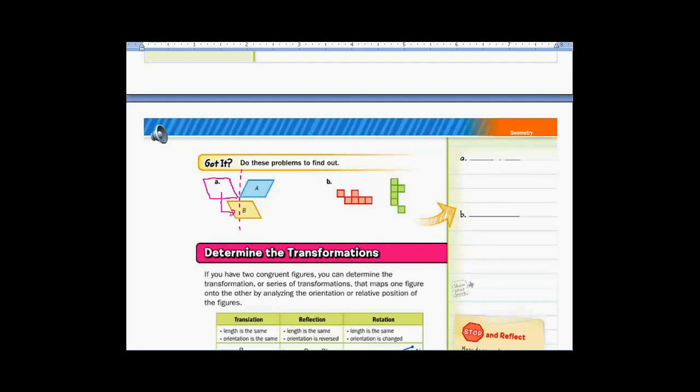Next one, on B, if I took and turned it, let's say I rotated it counterclockwise to where it stood up, and you've got 4 boxes this way, the second one down would have an extra one out here.